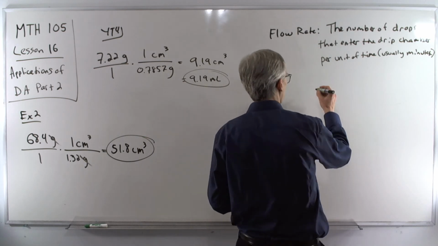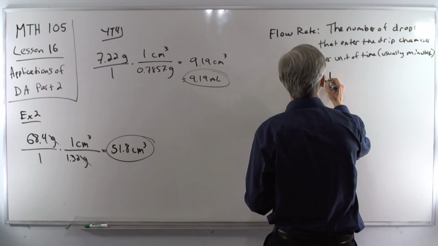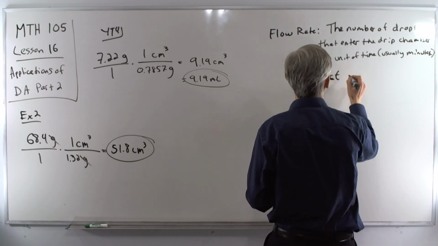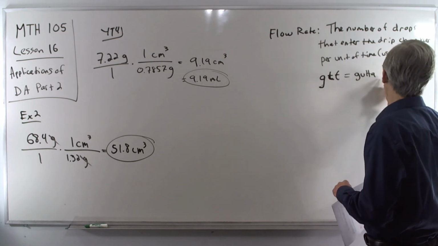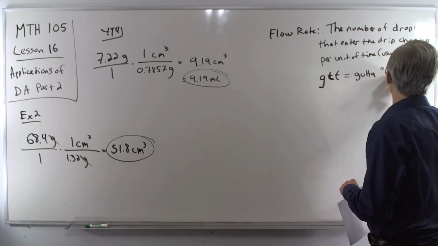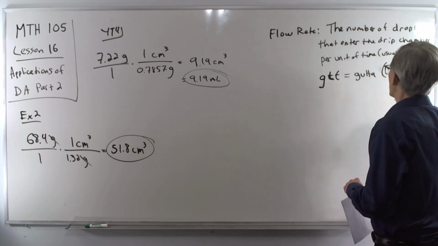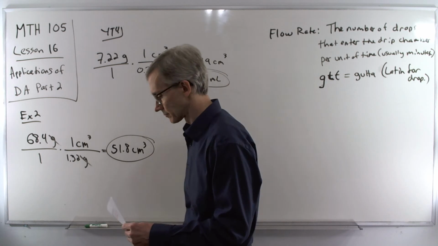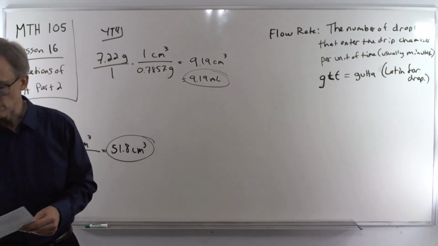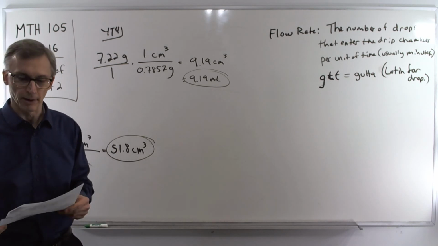And the units here are GTT, which stands for gutta, which is Latin for a drop. So GTT are drops, and we're going to be measuring things in drops per minute, or GTT per minute.